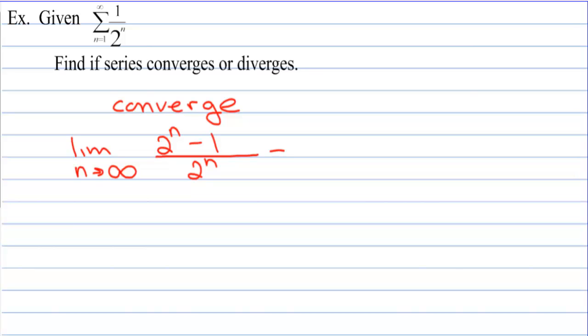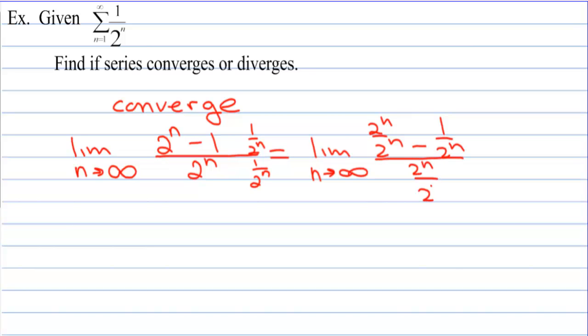In order to find the limit, let's multiply the top and bottom by 1 over 2 to the n. We have the limit as n approaches infinity of 2 to the n over 2 to the n minus 1 over 2 to the n over 2 to the n over 2 to the n. Now that's the limit as n approaches infinity of 1 minus 1 over 2 to the n over 1.